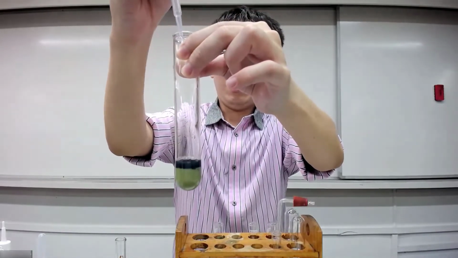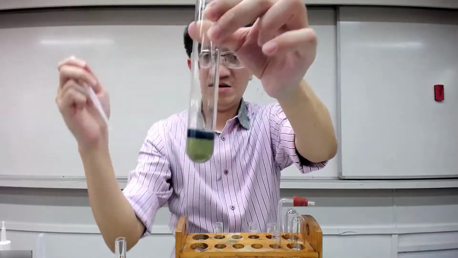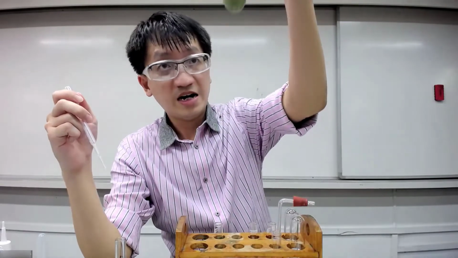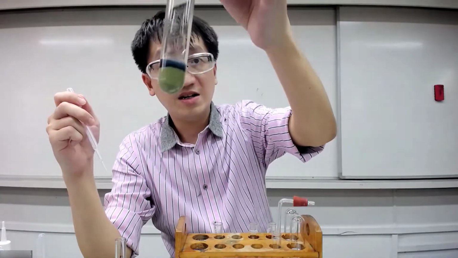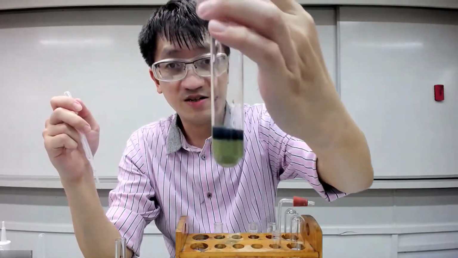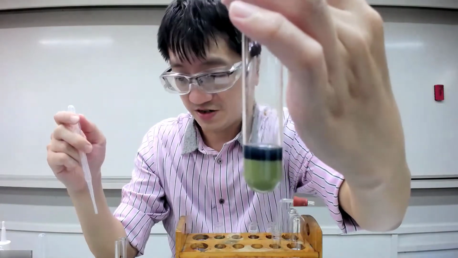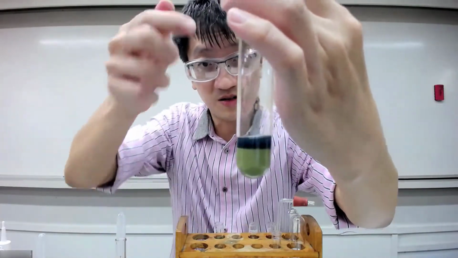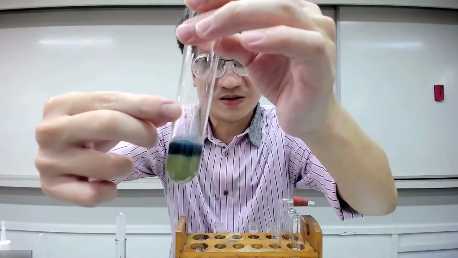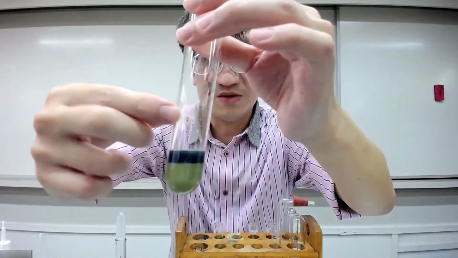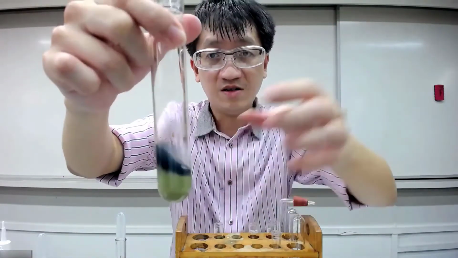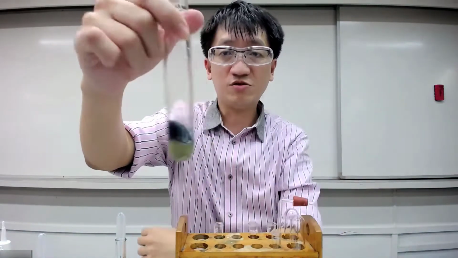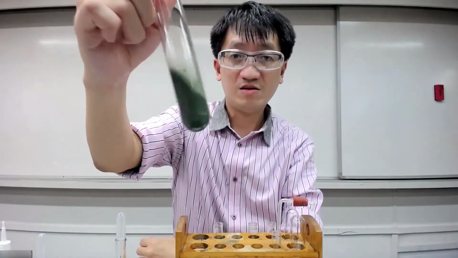I'll wait for it to settle a little bit. Now, I'm just going to turn a little bit. I want you to observe this portion. Can you see that it's a little bit like reddish brown bits over here? So I'm going to tilt a little bit. I'm just going to swirl even more.